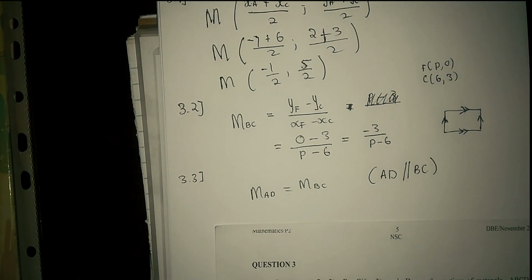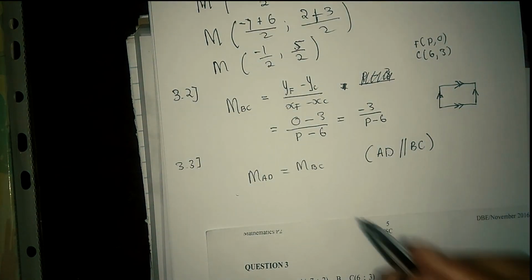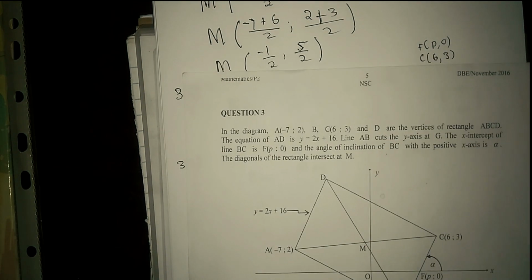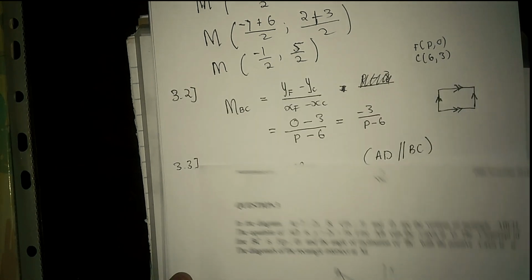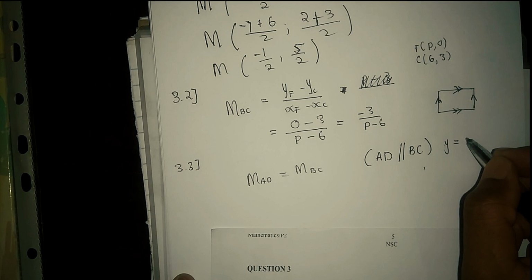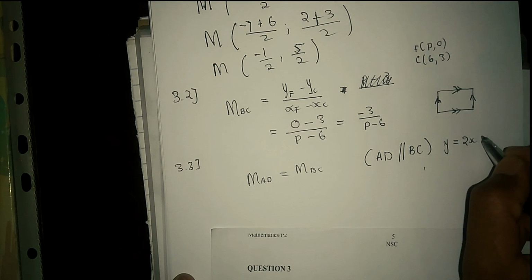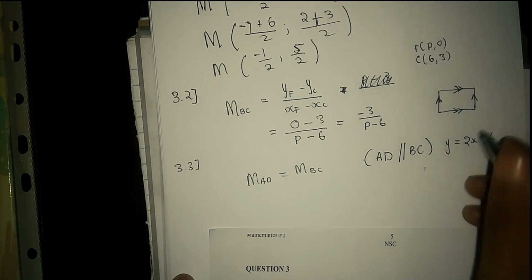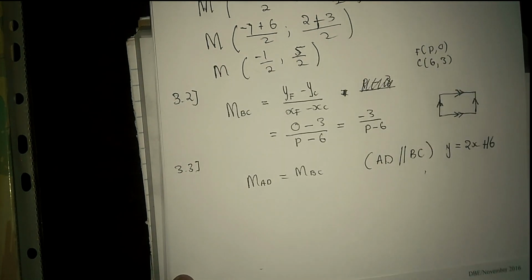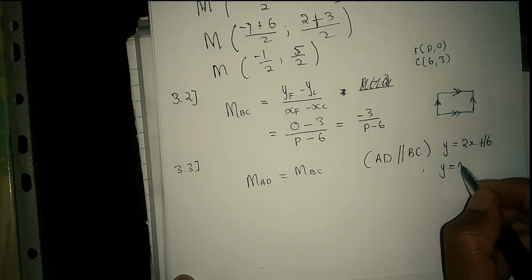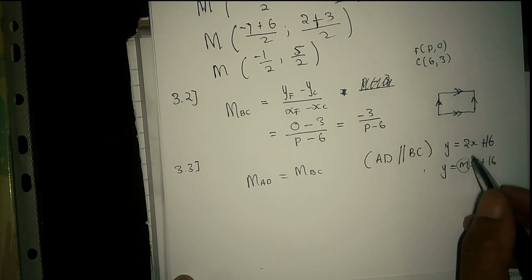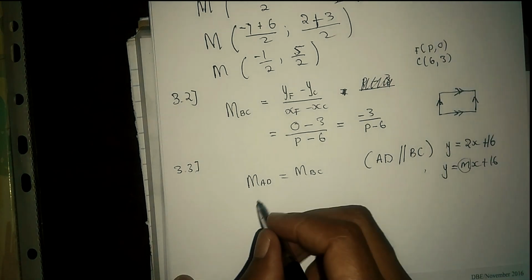Now from this equation, y equal to 2x plus 16, it's written in the form y equal to mx plus c, so the gradient of AD is 2.